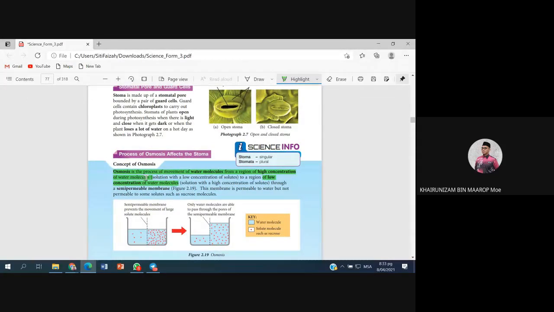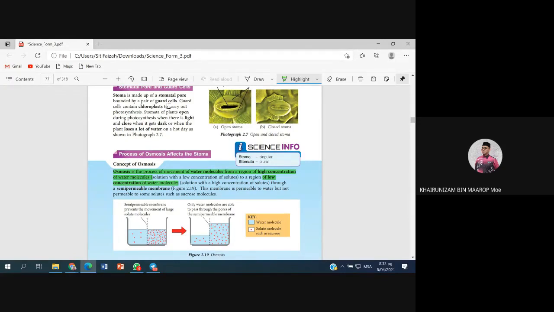That's why the walls of the gut cell which are thick and less elastic are pulled out. So the gut cell become rigid and curved, so the stoma opens. So that's how the stoma will be open.